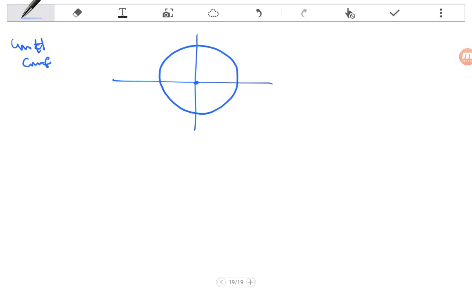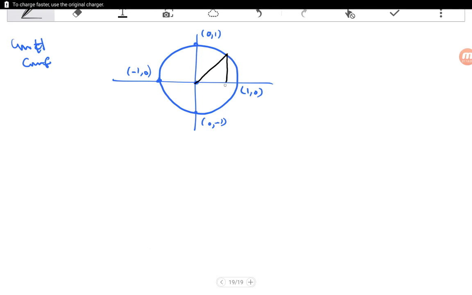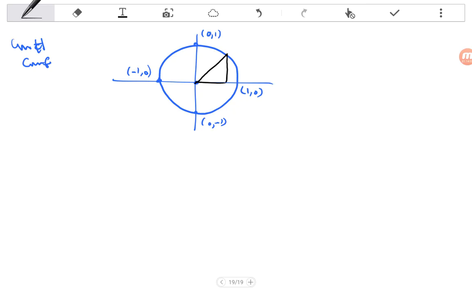Now, for this circle, this point is 1 and 0. This point is 0 and 1. This point is negative 1 and 0. And this point is 0 and negative 1. Now, imagine that there is a point like this. Connect it with the origin, then make a projection on the x-axis like this.